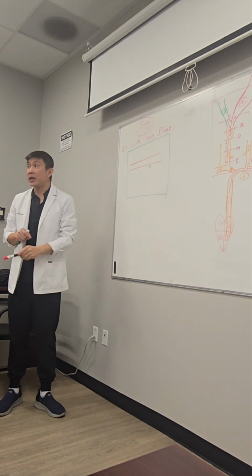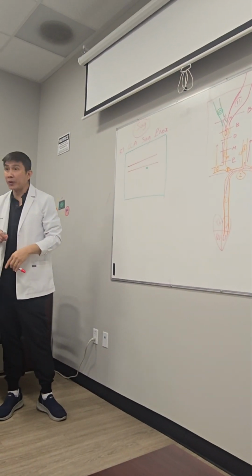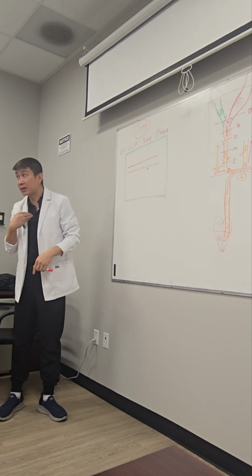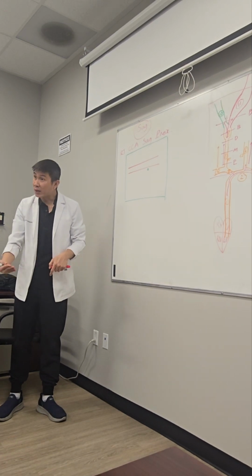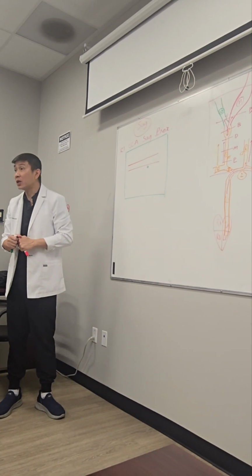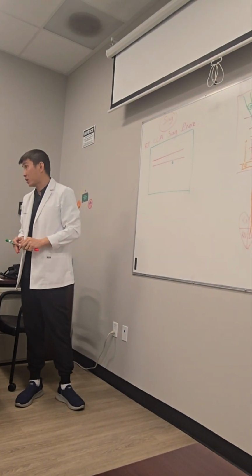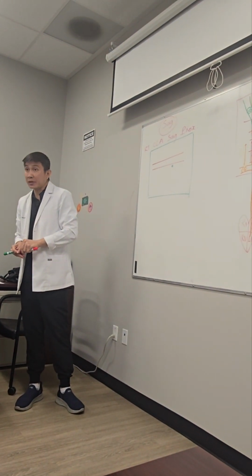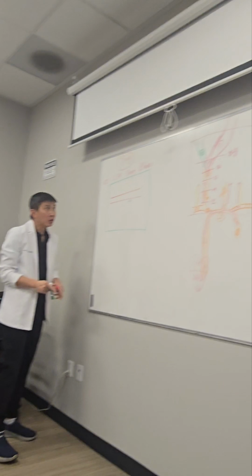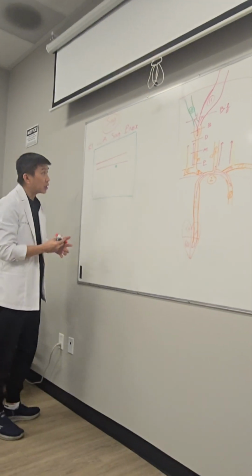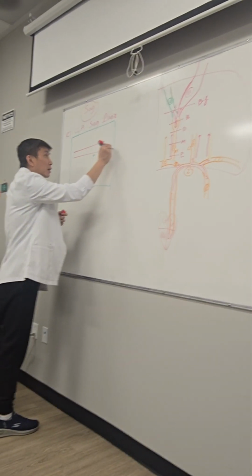This circle is the inferior thyroid artery. I just use it for myself. If you want to, you can use it. If you don't have to, it's not in the book. Just experience.